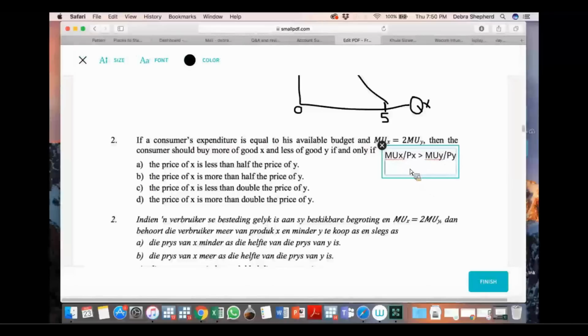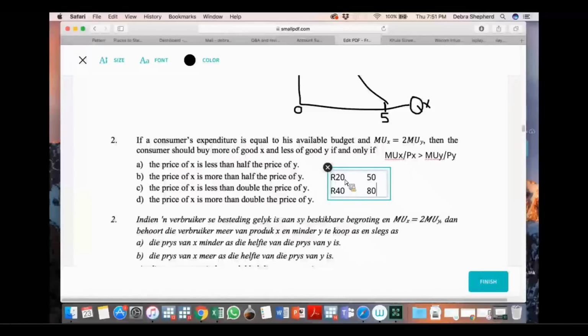So an example, a really, really silly example, but an example that works quite well to explain this is, let's say you could choose between a slab of chocolate that's 20 rand, and that slab of chocolate is going to give you marginal utility of 50, or you could purchase, so let's say this is that Cadbury, the bubbly one, okay? Or you could buy a slab of Lindt chocolate for 40 rand, so twice as much, and the Lindt chocolate is going to give you a marginal utility of 80.